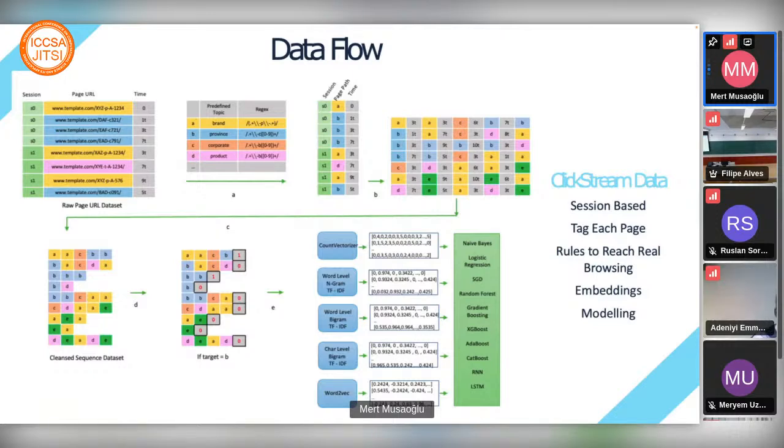For each machine learning model, we use 4 different embedding methods. For the deep learning models, we use word2vec embedding methods, and we train a grand total of 34 different models for each prediction.